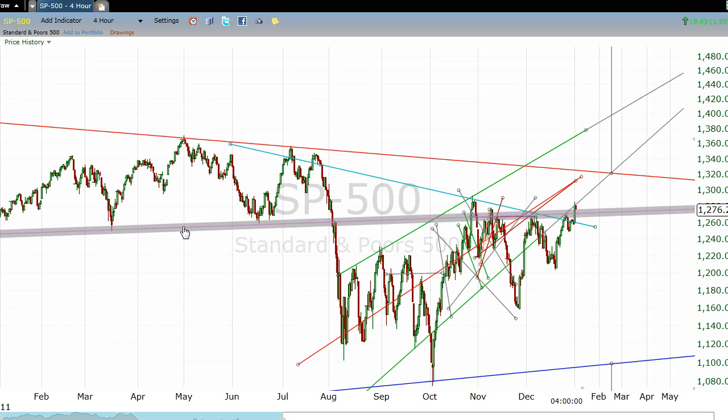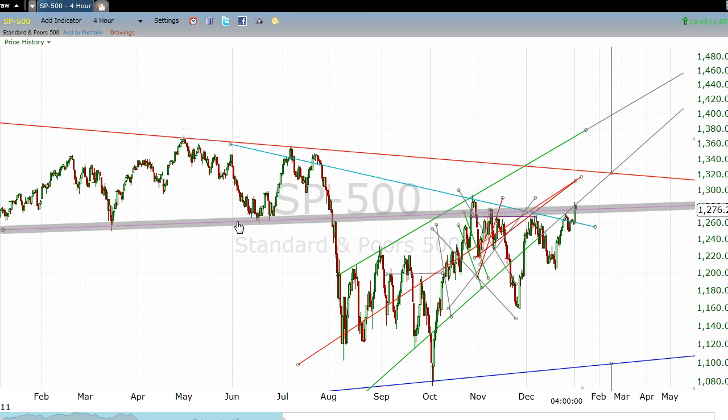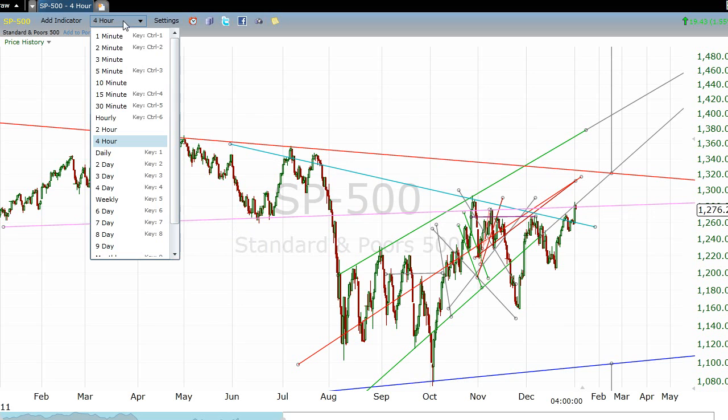I had it down here on the shadows of these candles because I wanted a conservative line for if and when that line was to break down, which it did in August. But now that we're underneath it and starting to bump up against it, I'm just going to change that for a bit.